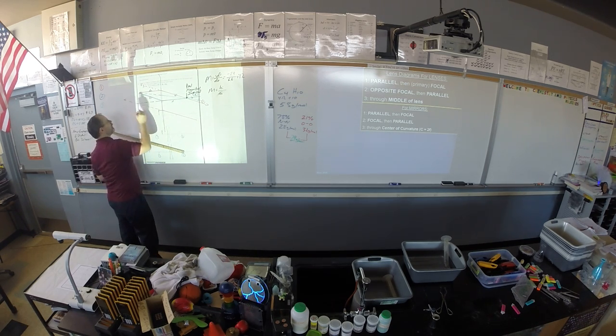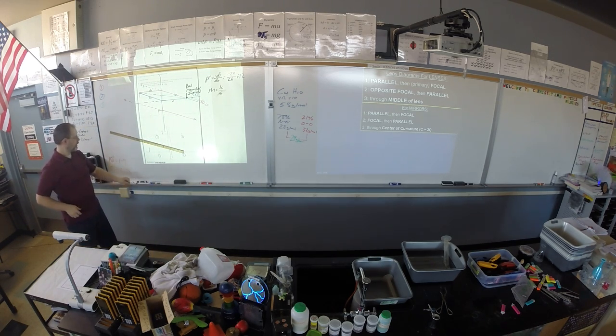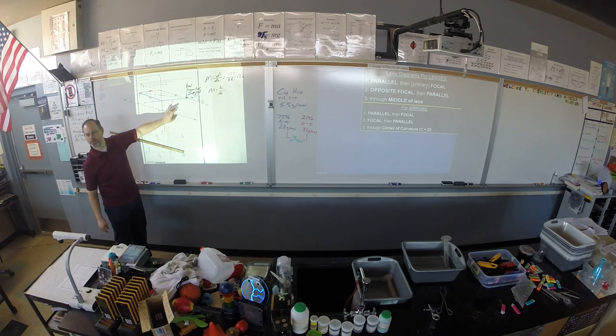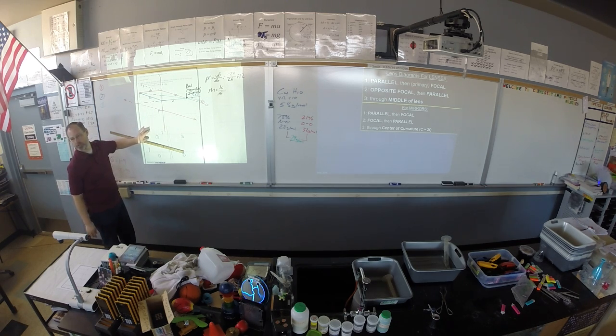How do you know which focal point to go to? Because I thought the primary was the one that was on the image side. The primary focal point is one where the rays converge. So rays converge on this side for a converging lens, this side for a diverging lens. Does that make sense?